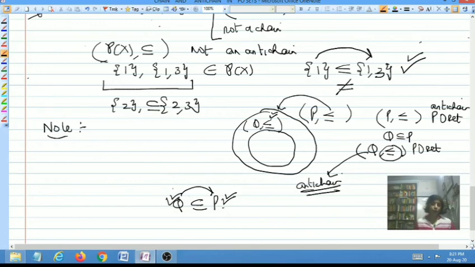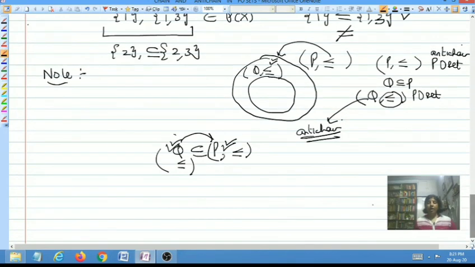The order is the induced or inherited order. So if (P, ≤) is an anti-chain, then so is (Q, ≤). That is the important remark in the context of anti-chains, and that completes the topic on chains and anti-chains.